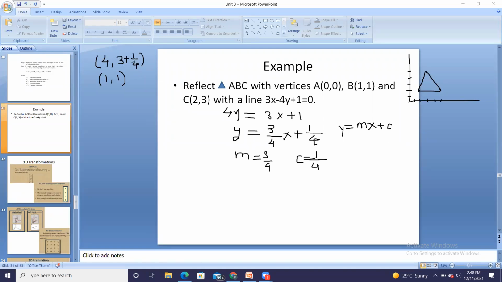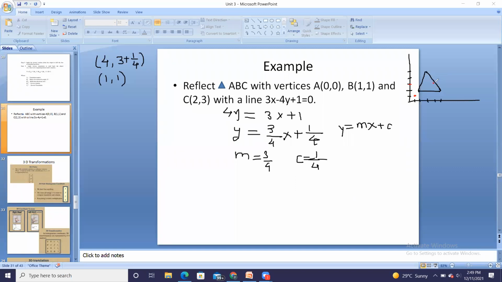So I can draw this line. So (1, 1) is the point from which the line is passing. And the second point is (4, 3 plus 1 by 4). So 4 is this point, that is x, and 3 plus slightly upper. This is your 3. So almost on 3 itself, the line is there.